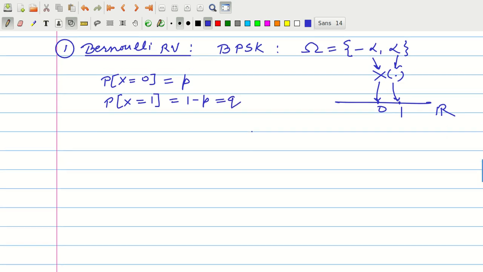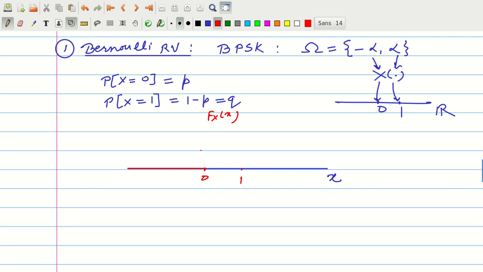Then the CDF of x will take the form, so this is small x, and let us now make the CDF. Suppose this is 0.0 and this is 0.1. So when small x is less than 0, fx will be 0.